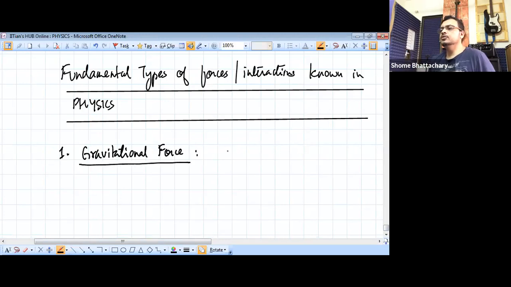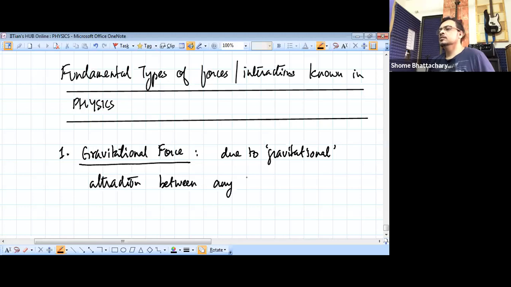The gravitational force is due to the gravitational attraction between any two masses. So basically gravity comes from the fundamental property of mass.